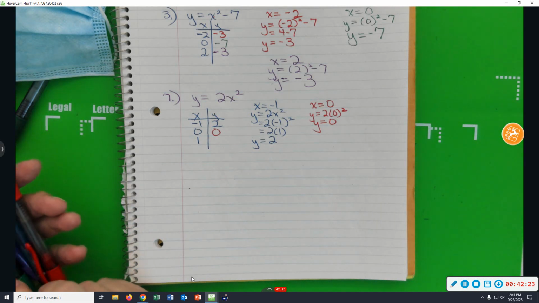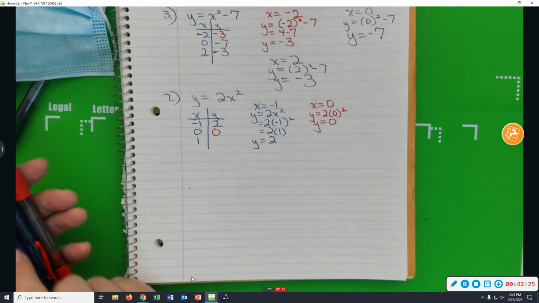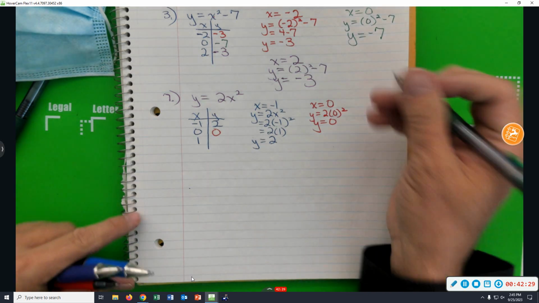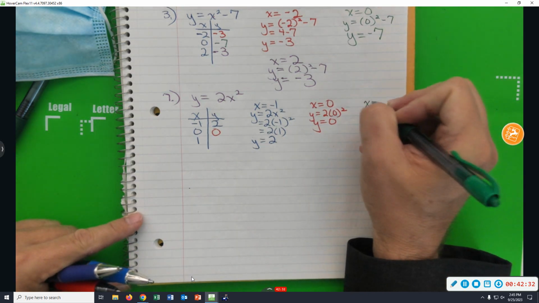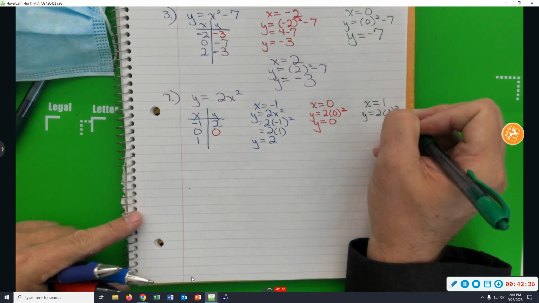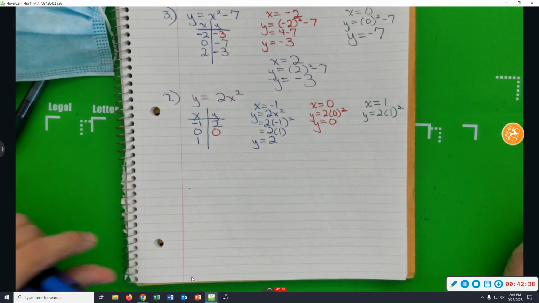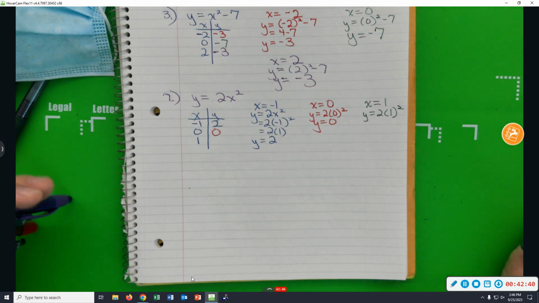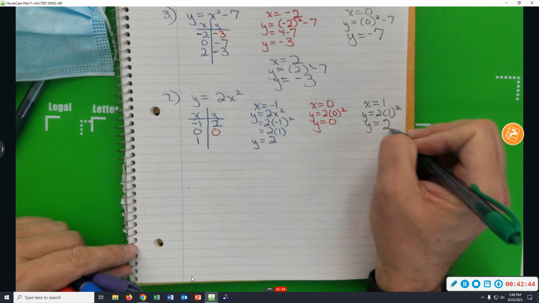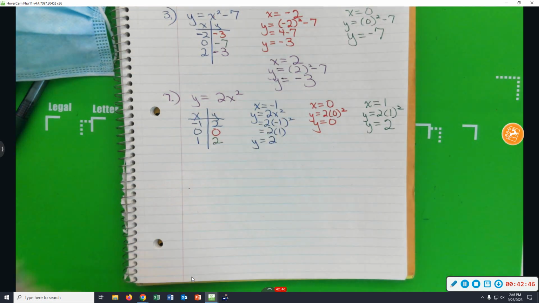What's the third number we're going to plug in? 1. Plugging in 1. We're going to have y equals 2 times 1 squared. 1 times 1 is 1, times 2 gives us y equals 2. For my 3 ordered pairs.